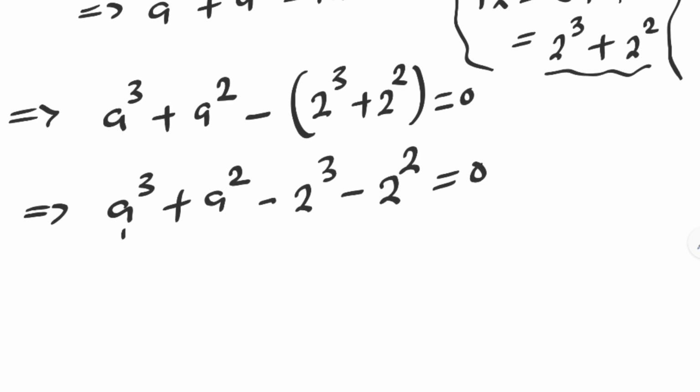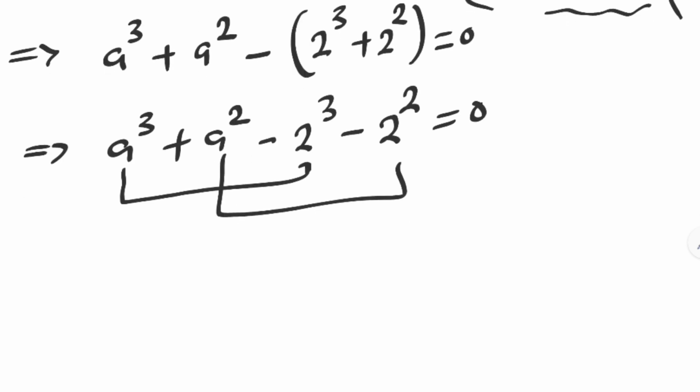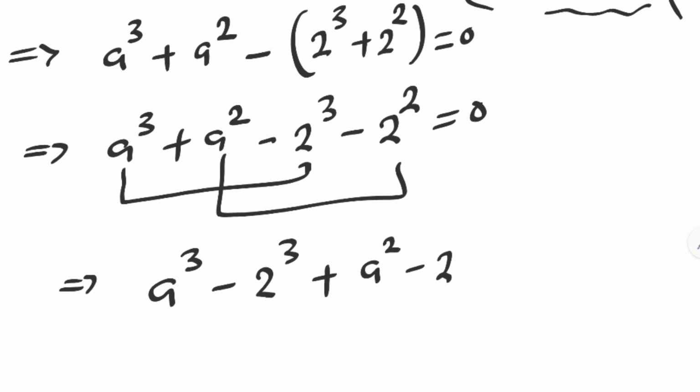Now let us pair this with this and this with this. a raised to power 3 minus 2 raised to power 3 plus a square minus 2 square is equal to 0.